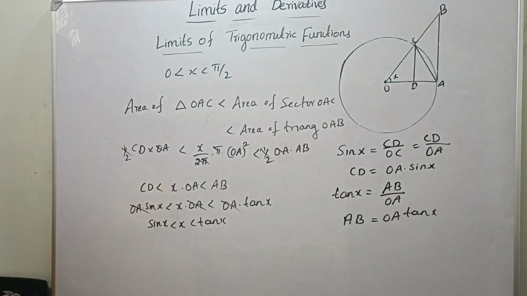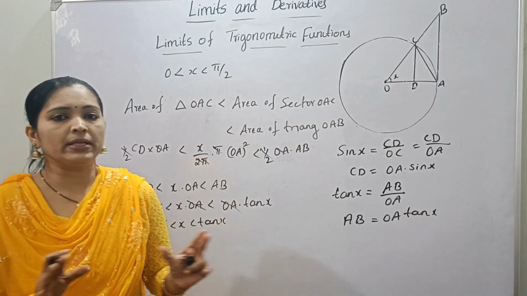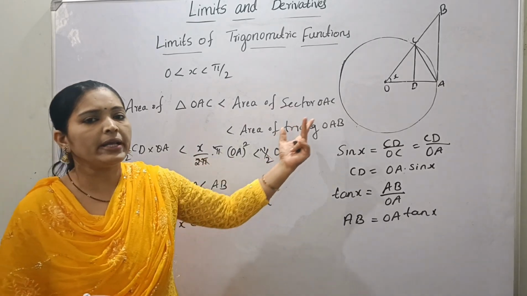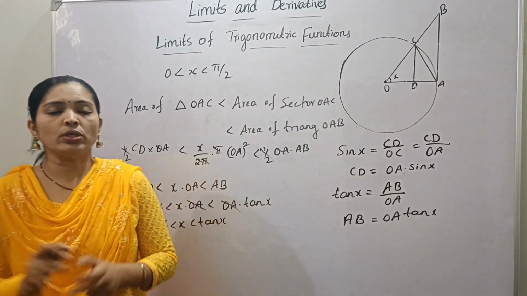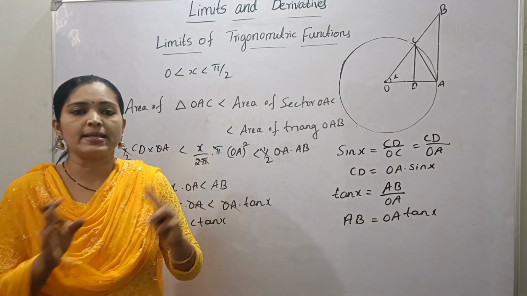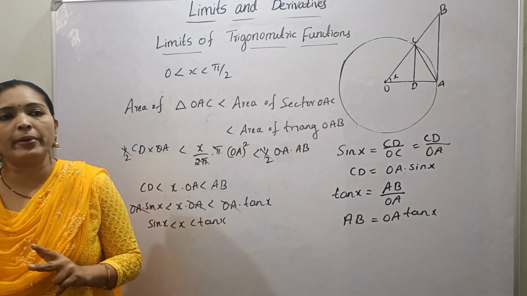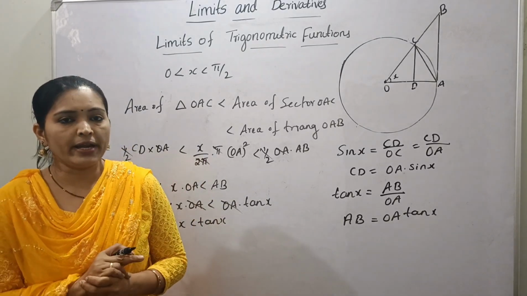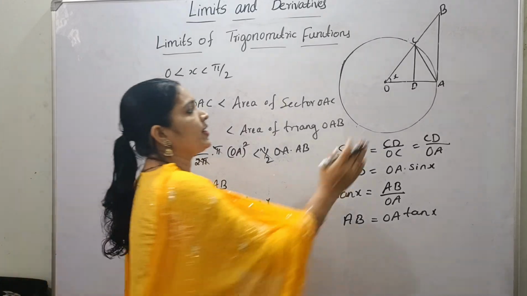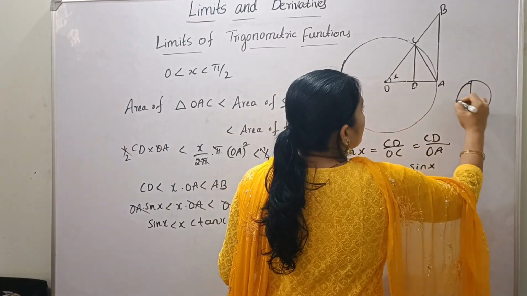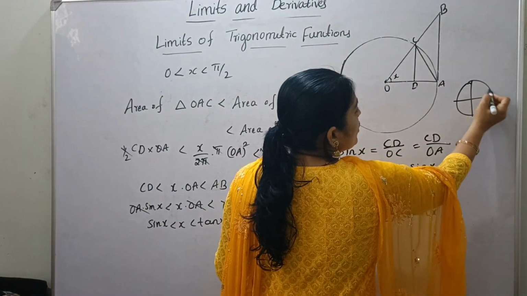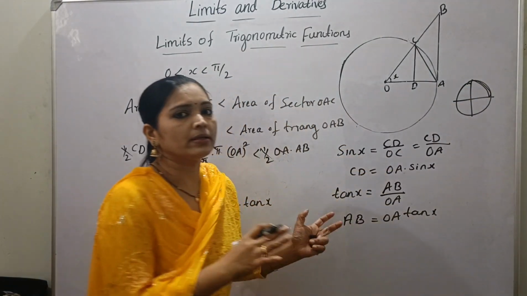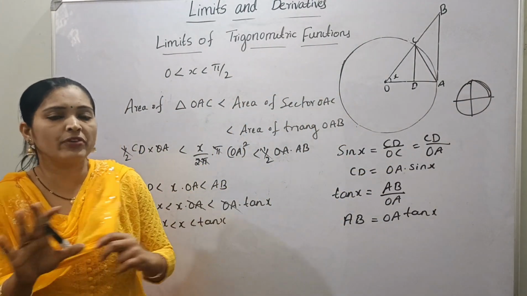And here, we know that x is nothing but the angle, right? So the range of x is 0 to pi by 2, that is first quadrant, right? 0 to pi by 2 means all the trigonometric functions lie in the first quadrant.